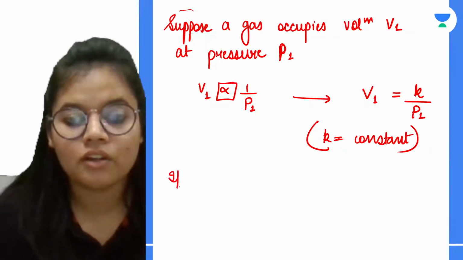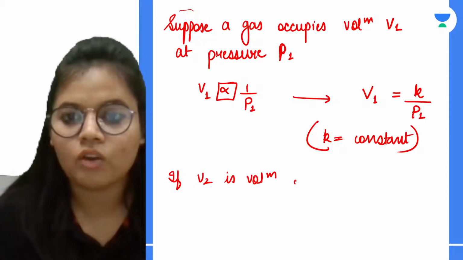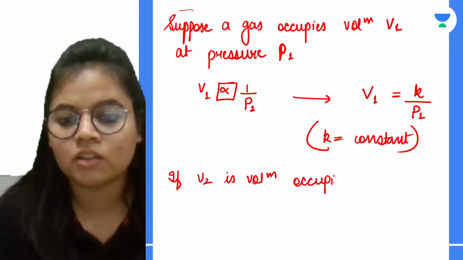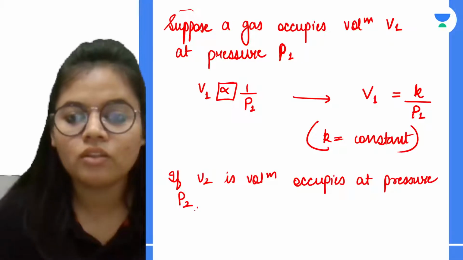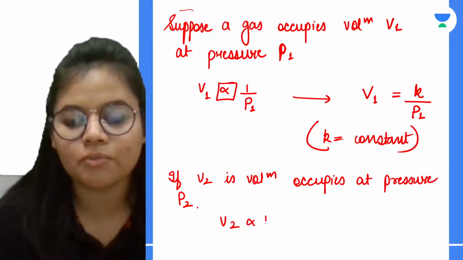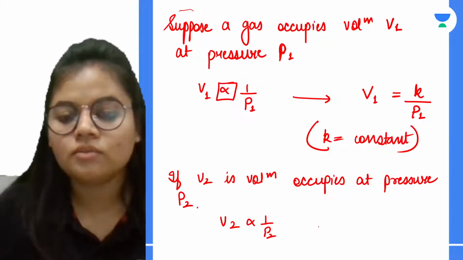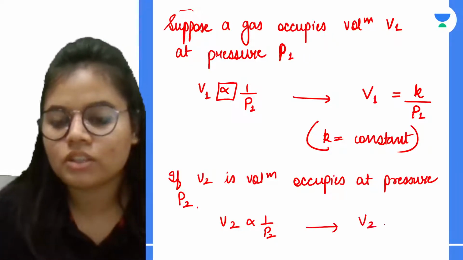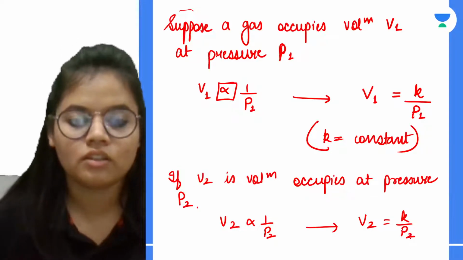If V2 is the volume occupied at pressure P2, then what can we write? We can write V2 is inversely proportional to P2. Again, V2 is equal to K upon P2, where K is a constant.